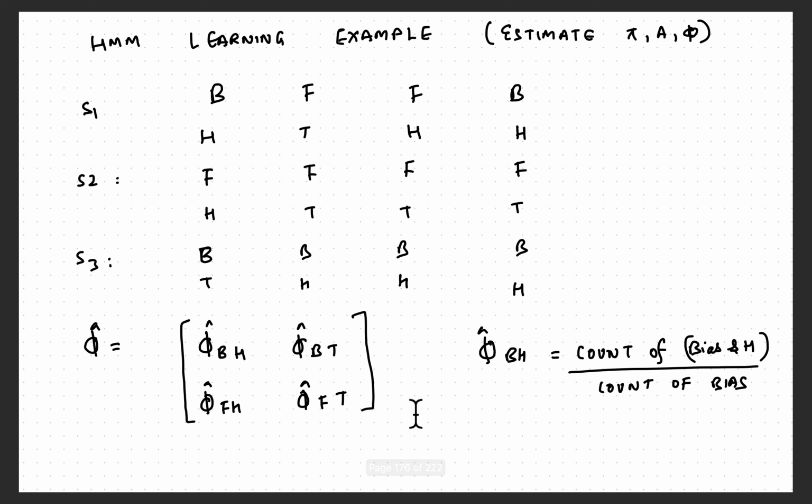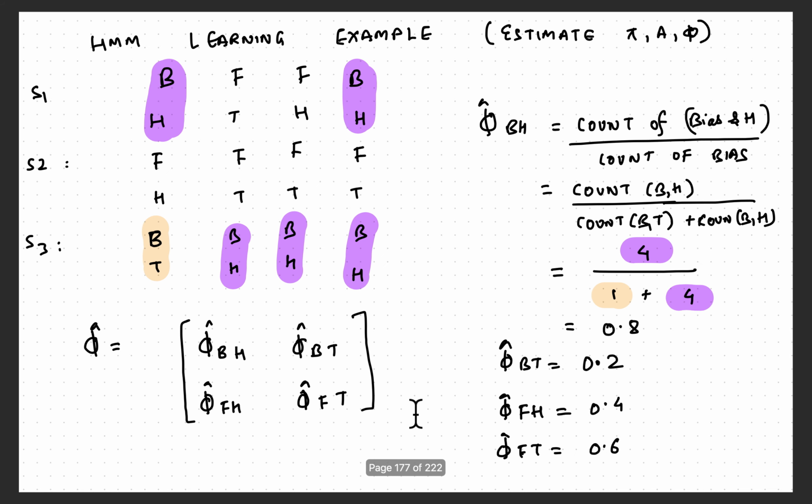Phi hat of BH would be the count of the times you were in the bias state and observed heads, divided by the count of the times you were in the bias state, right? I've shown in this violet purplish color the count of observing a head when you're in the B state, bias state.